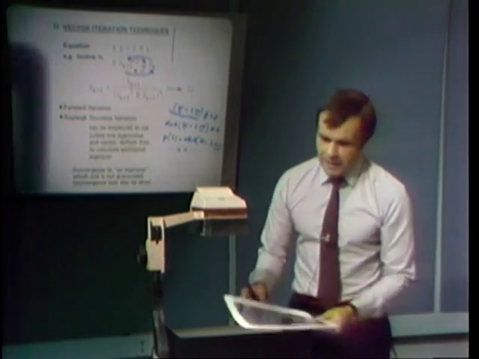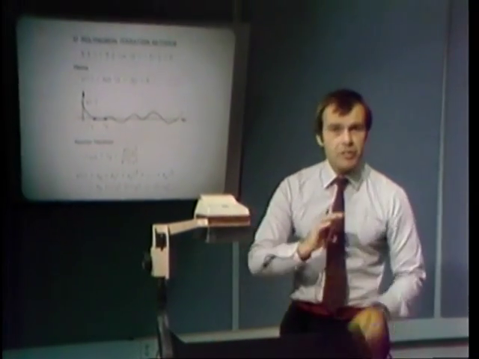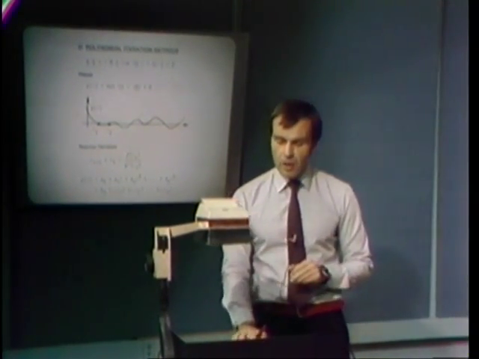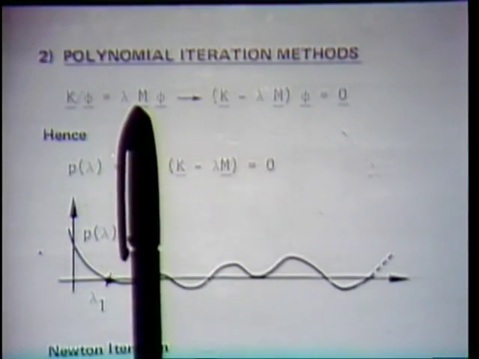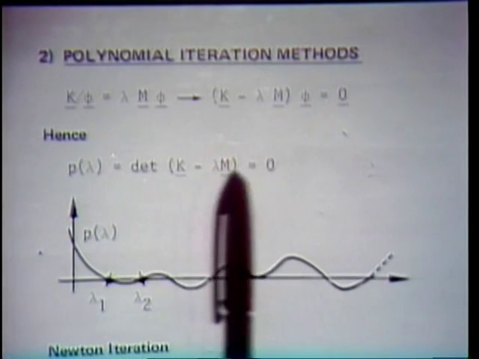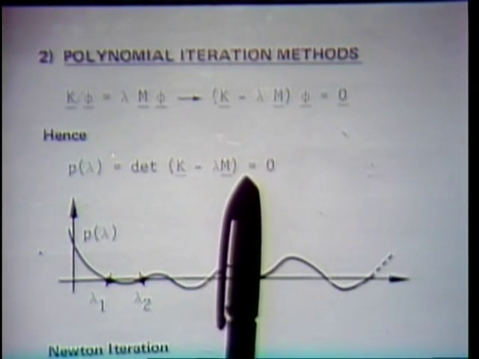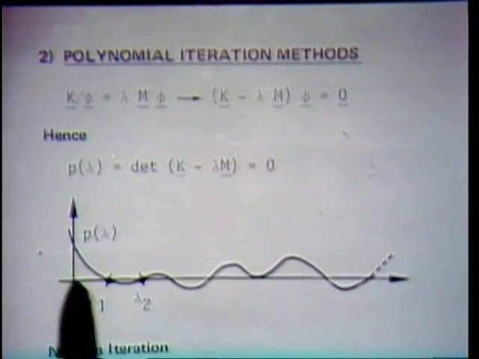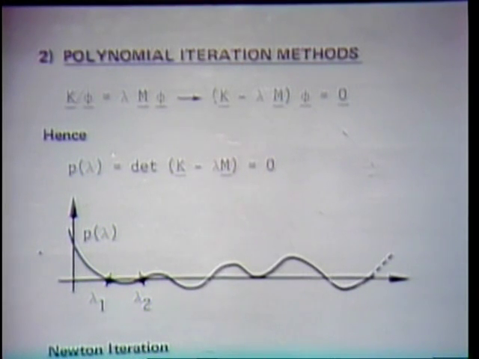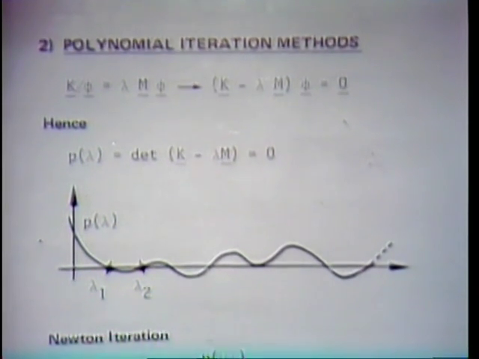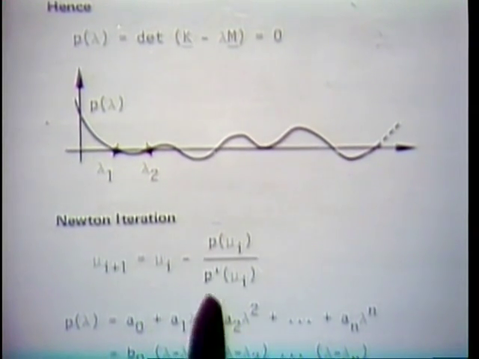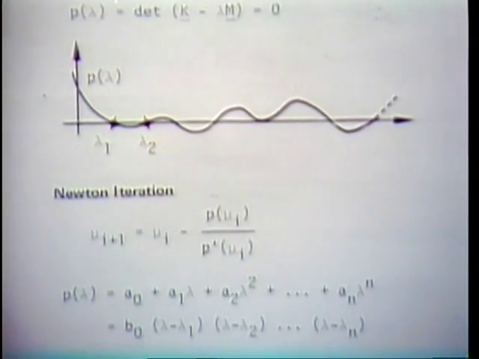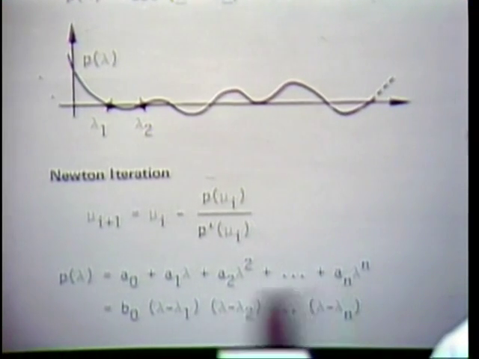Another class of techniques, again iteration methods, we are stuck with iteration, as I mentioned earlier, is the polynomial iteration methods. Here we are saying that this problem is equivalent to that. We want to solve for these zeros, therefore, for the zeros of this polynomial, sketched out here. And one way is to use Newton iteration. Here we have p, here we have p prime. Well, of course, if we have p here, we have to also recognize we should have the coefficients here.